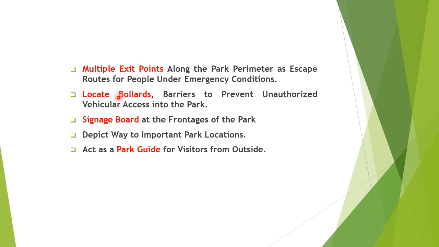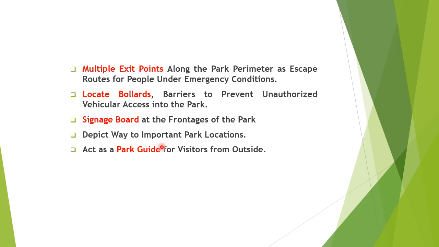And then you have to locate the bollards, which are basically large, strong vertical posts of iron or timber, which prevent vehicle access to a pavement. So they are barriers. Then there are signage boards at the frontages of the park, which depict the important park locations.